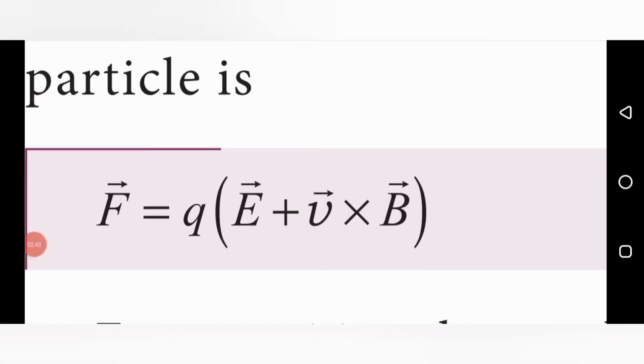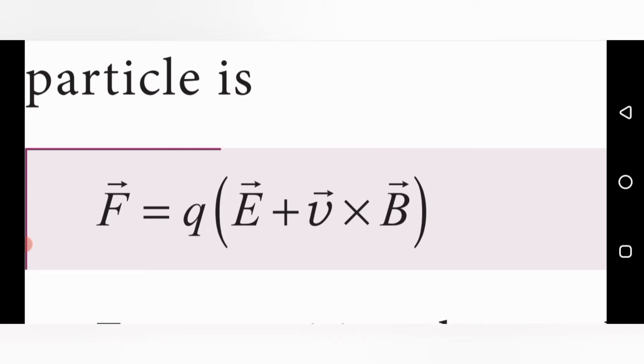The mathematical expression shows the sum of the two forces: F equals QE vector plus QV cross B vector. Taking out the common Q, inside the bracket we have E vector plus V cross B vector.